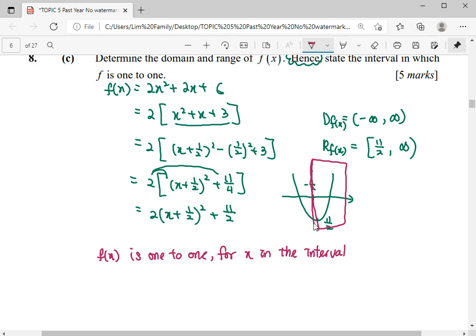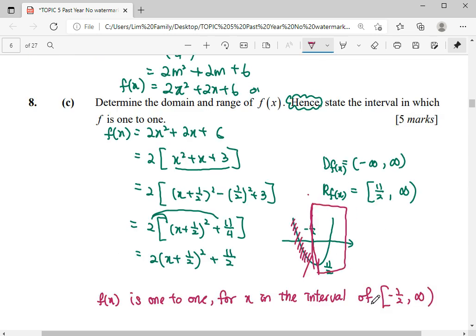So we are taking from the minimum part, because the minimum point is the point of symmetry for the whole graph. This is the axis of symmetry also, cutting the minimum point. So f(x) is 1 to 1 in the interval starting from the minimum point to the right hand side. When I take this right hand side graph, my graph is always 1 to 1. It doesn't have any two intersection points, because I'm not going to consider this part.